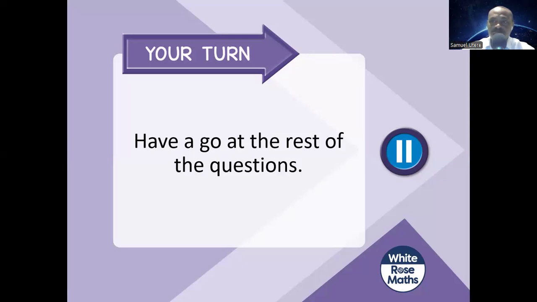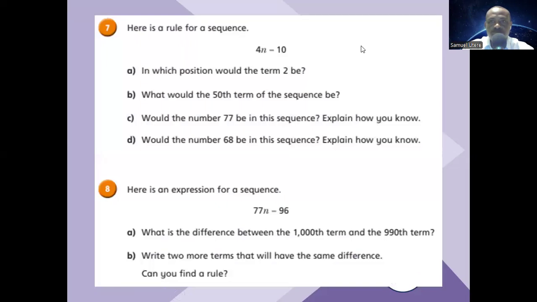If you're given the algebraic rule, you can simply substitute the position of the term you're looking for into the algebraic rule, and you just use your substitution skill, which you learned and you're still using from your previous lesson and in this lesson. Okay, so pause the video and have a go at questions 7 and 8 for 4 minutes.